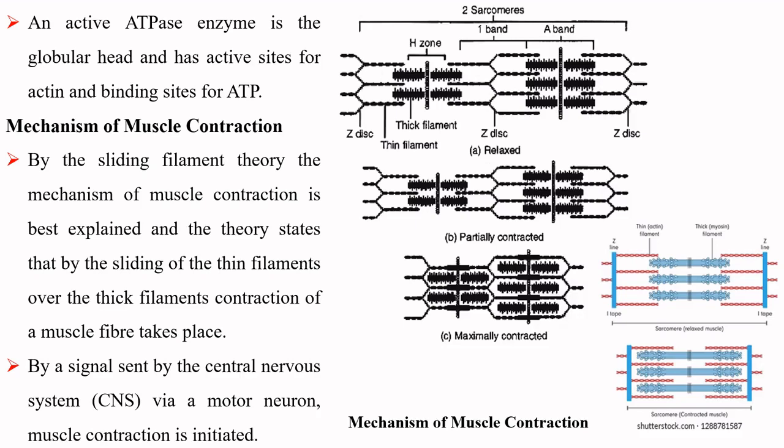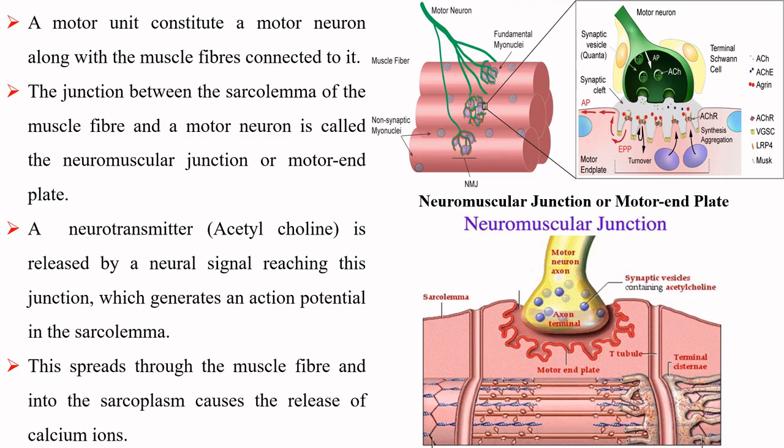Mechanism of muscle contraction. The mechanism of muscle contraction is best explained by the sliding filament theory, which states that contraction of the muscle fiber takes place by the sliding of the thin filaments over the thick filaments. Muscle contraction is initiated by a signal sent by the central nervous system via a motor neuron. A motor unit constitutes a motor neuron along with the muscle fibers connected to it.